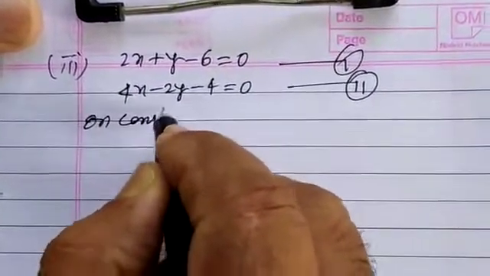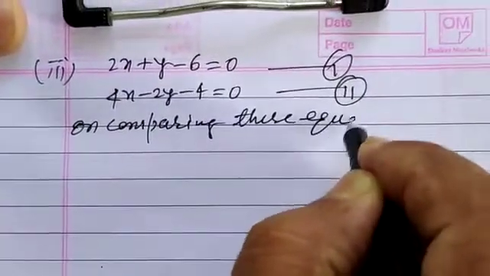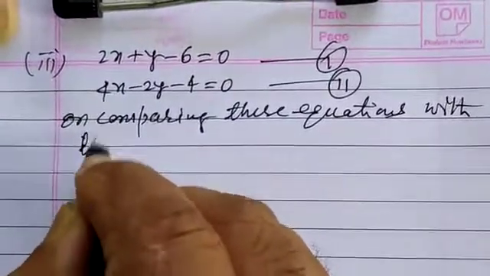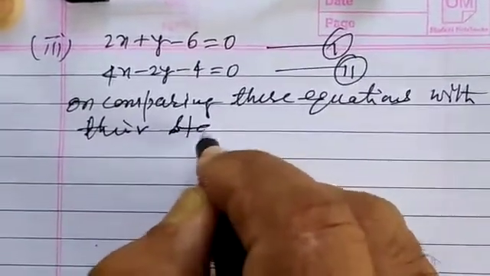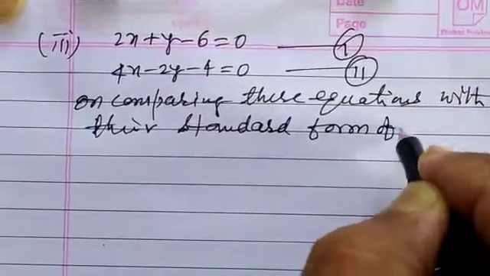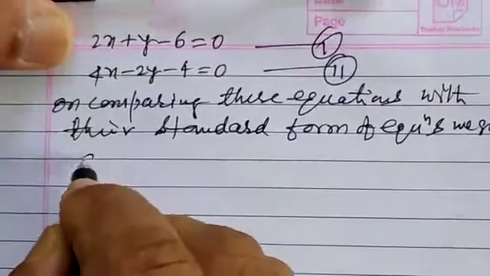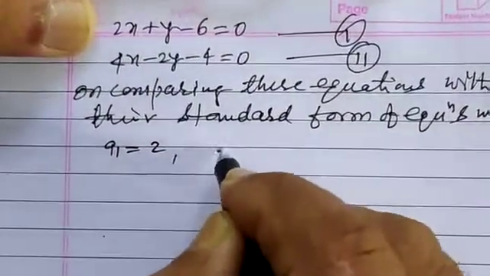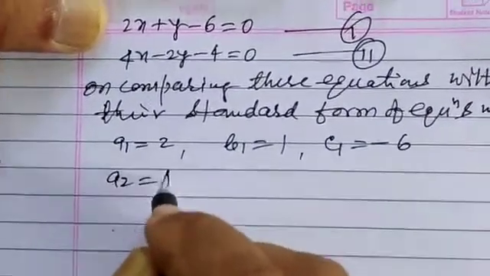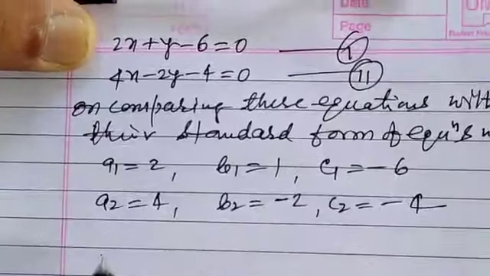On comparing these equations with their standard form of equations, we get A1 equals 2, B1 equals 1, C1 equals minus 6, A2 equals 4, B2 equals minus 2, C2 equals minus 4.